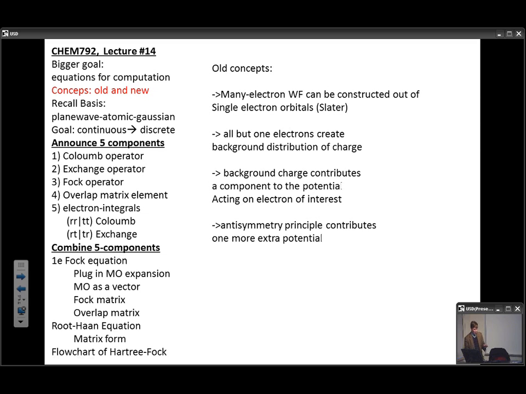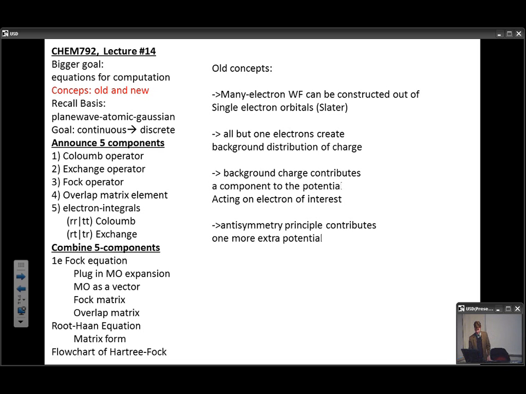So one considers all but one electrons creating a background charge distribution and acting on the single electron that we're working with. And from intuitive consideration, it should repel. All this background charge should repel the single electron out.